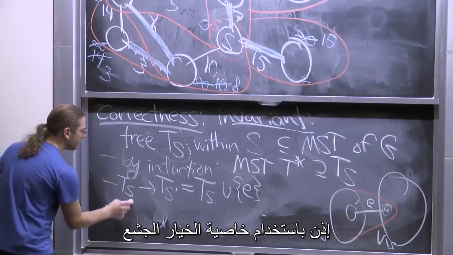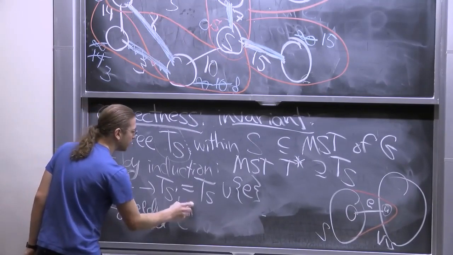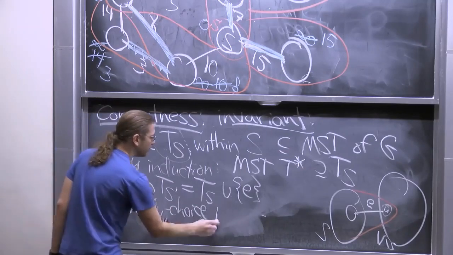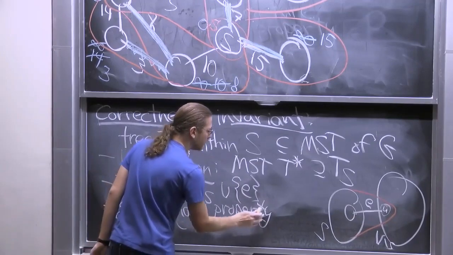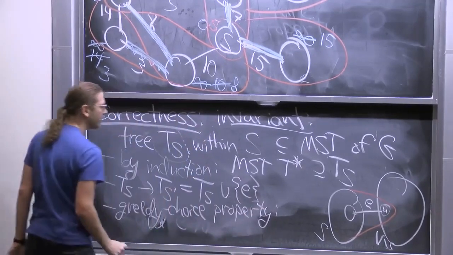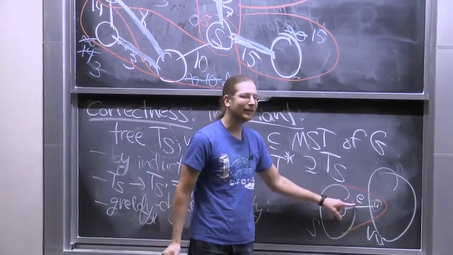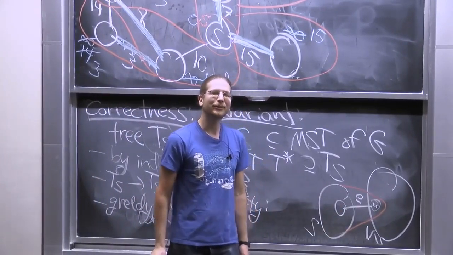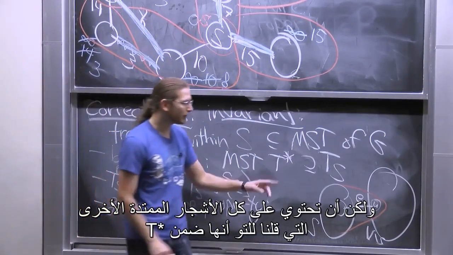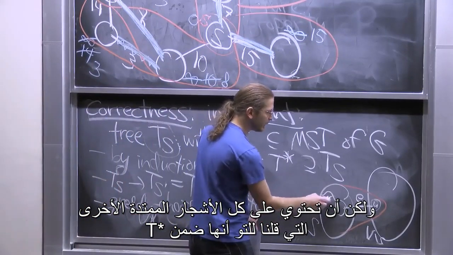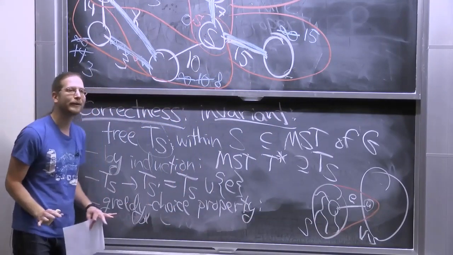And so by greedy choice property, there is some minimum spanning tree that contains E. But actually, I need that the minimum spanning tree not only contains E, but also contains all the other spanning tree edges that we had already said were in T star.